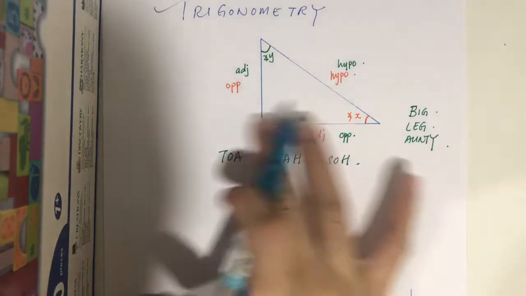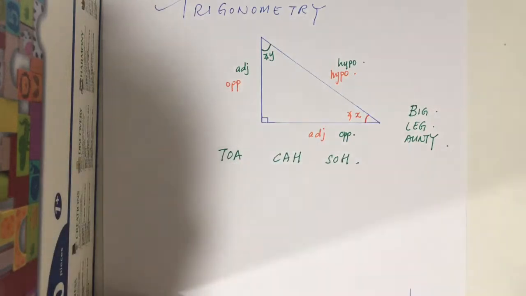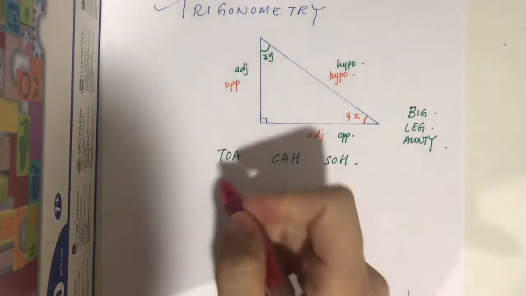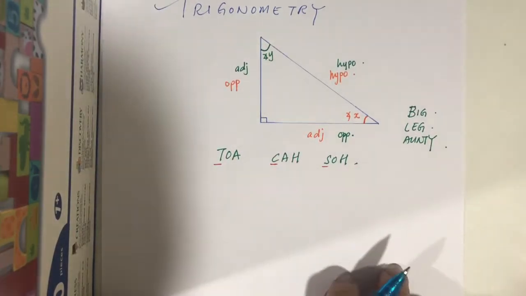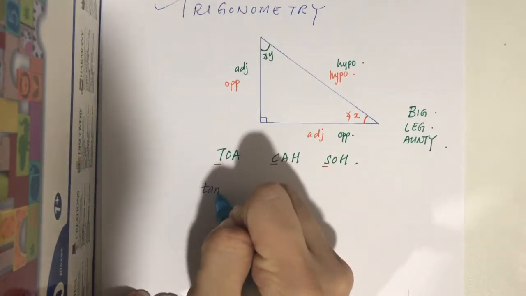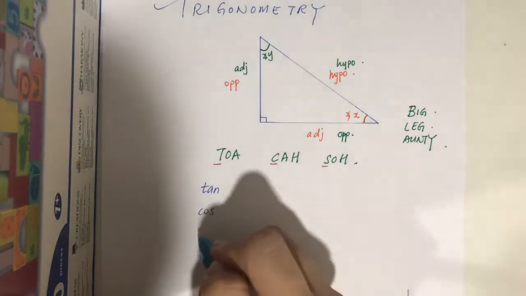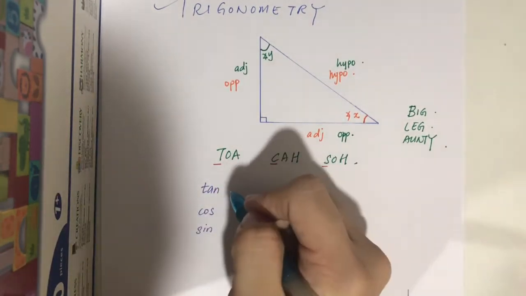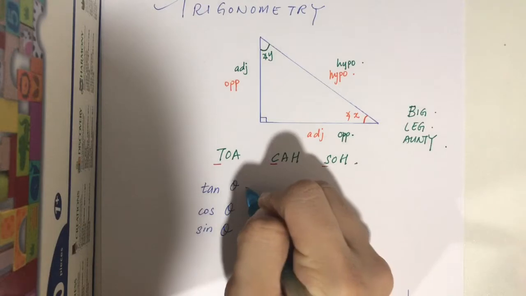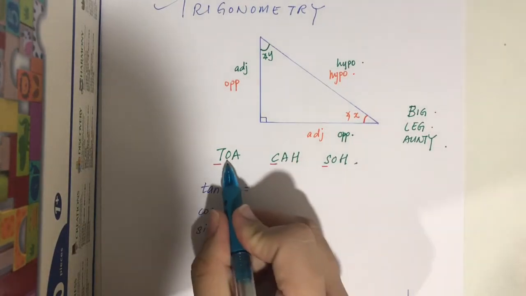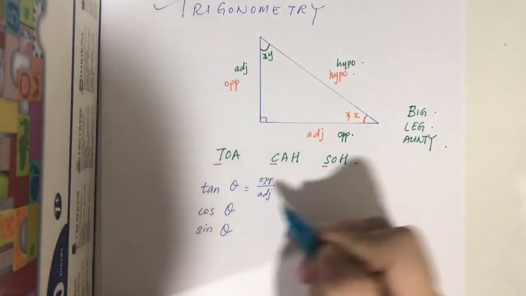Now, how to translate this short form into the formula? Over here, T, C, and S, what do they represent? T represents tangent, C represents cosine, and S represents sine. So for the angle theta, tangent will be opposite over adjacent.